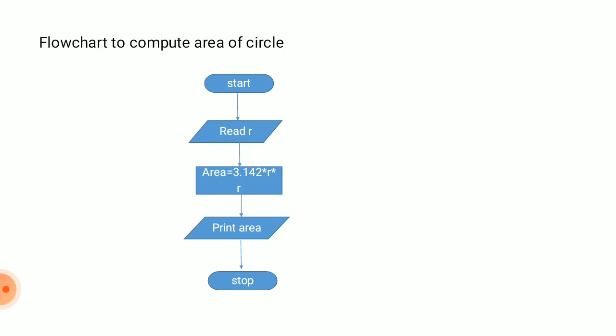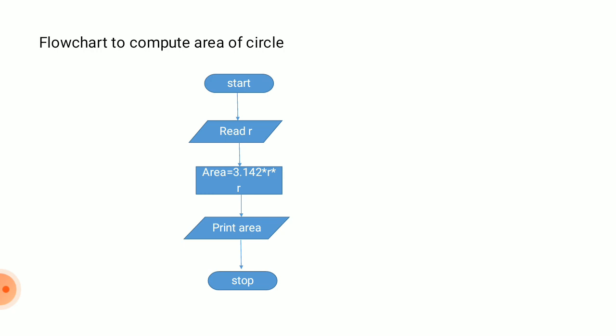To start and stop, the same symbol we use, that is an oval symbol or half circle. So an oval symbol is used to start and stop. Always remember, to start and stop the flowchart, the same symbol is used.